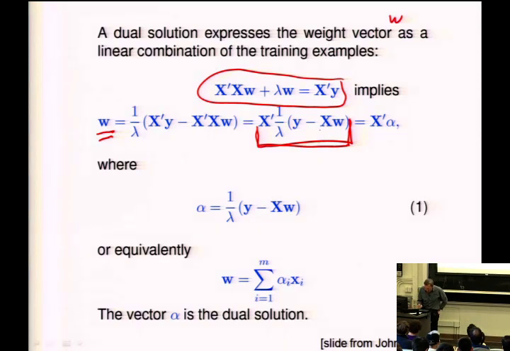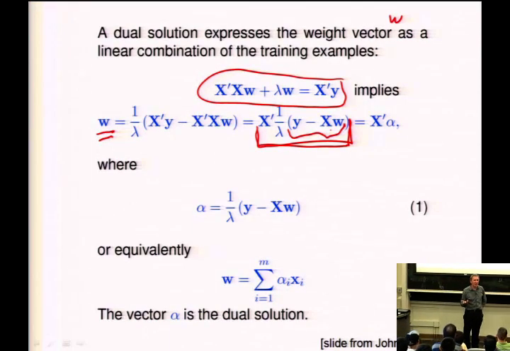And what's interesting is this term, you might say, well, there's a W left here. But if you think about it, this term is just the errors that the optimal W makes. It's y minus W times x. This is just the vector of errors that it makes.